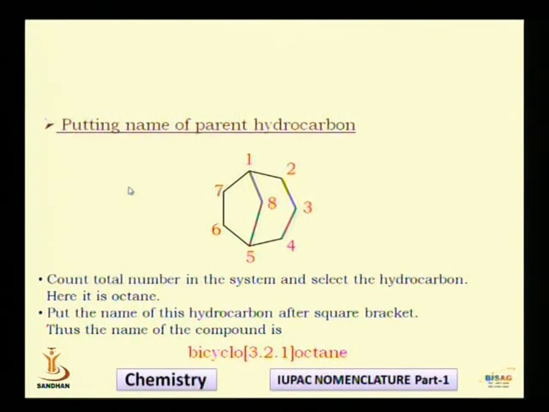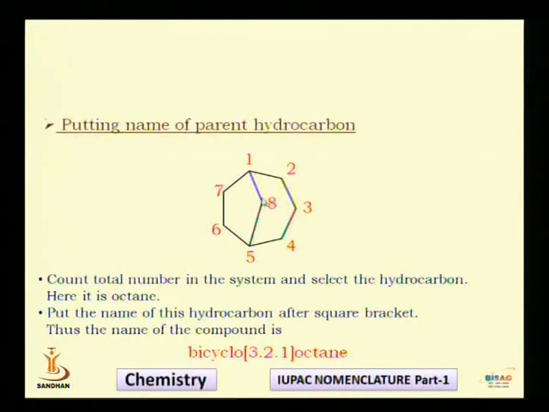Now for the third component, you have to put the name of the parent hydrocarbon. So what you do, you simply count the total number of carbon atoms in the molecule. I will count. This is 1, 2, 3, 4, 5, 6, 7 and 8.